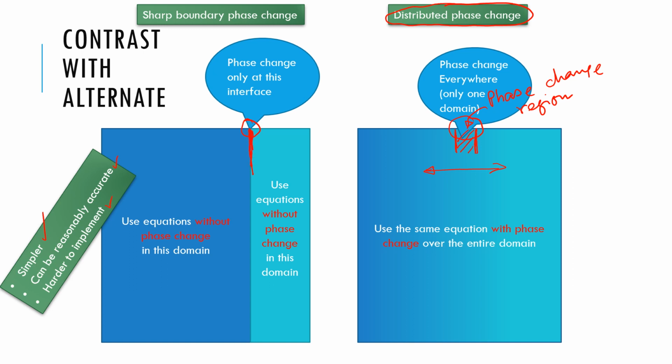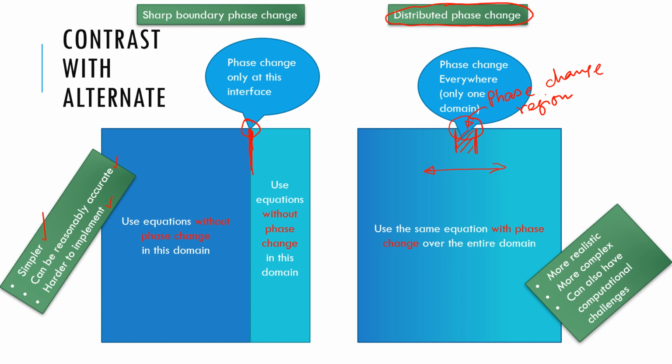So we have to track this interface, and doing that in multiple dimensions, or there can be situations for multiple interfaces, and this is quite difficult. On the other hand, for the distributed phase change, it is more realistic, but it is more complex in terms of its formulation.